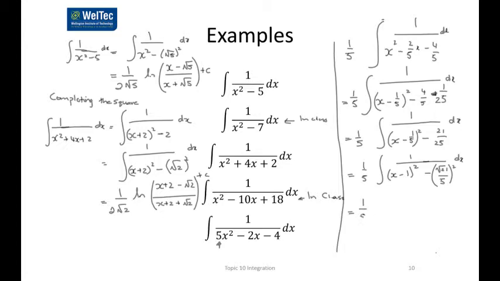So the 1 over 5 stays, 1 over 2 times 1 over root 21 over 5 times natural log, oh, I hope I don't run out of space, x minus a fifth plus root 21 over 5 divided by x minus a fifth minus root 21 over 5 plus c.